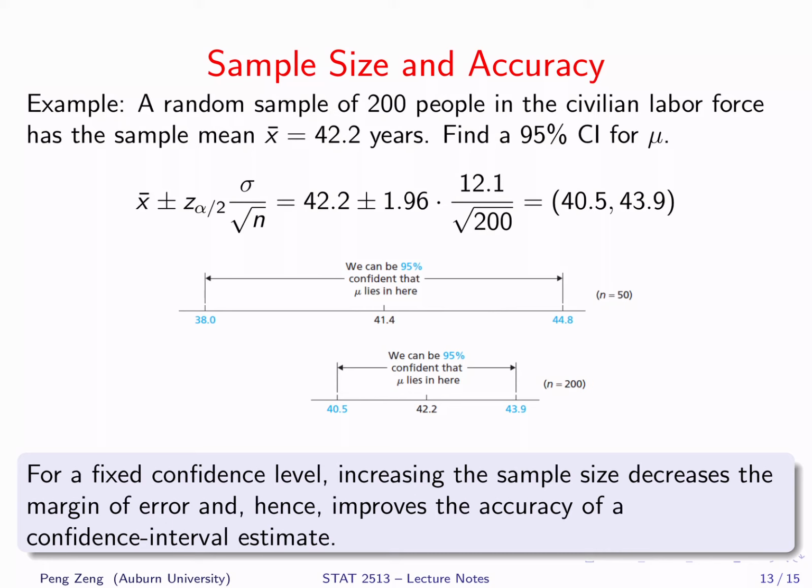For a fixed confidence level, increasing the sample size decreases the margin of error, and hence improves the accuracy of a confidence interval estimate. It is consistent with our heuristics. The larger the sample size, the more accurate the confidence intervals.